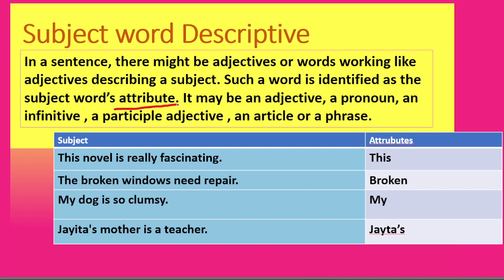Now further it says that definition আমাক আৰু কি বুজায় এনেকুৱা শব্দ যোনবিলাক সাবজেক্টৰ লগত লাগি থাকে এটা সেন্টেন্সত it can be an adjective হ'ব পাৰে, pronoun হ'ব পাৰে, and infinitive হ'ব পাৰে infinitive মানে হ'ল যেনেকৈ to to আমি যোনটো লগাওঁ, participle adjective হ'ব পাৰে participle adjective মানে হ'ল যেতিয়া আমি যিকোনো ভাৰ্বৰ past participle ফৰ্মটো ব্যৱহাৰ কৰোঁ that is participle adjective, আৰু লাষ্টত article হ'ব পাৰে বা phrase হ'ব পাৰে.